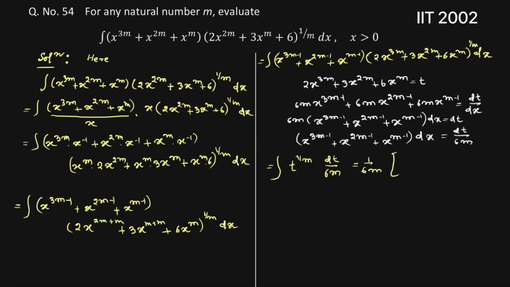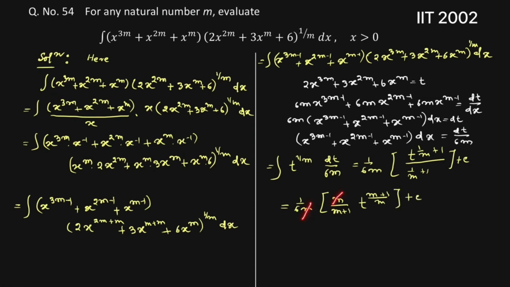This is t to power 1 by m plus 1 divided by 1 by m plus 1 plus c, which is equal to 1 by 6m, m divided by m plus 1, t to power m plus 1 by m plus c.